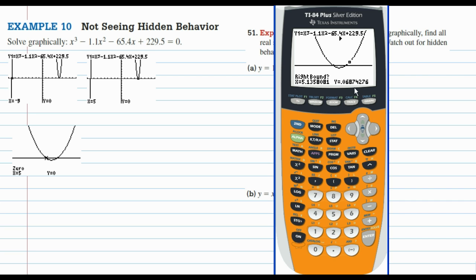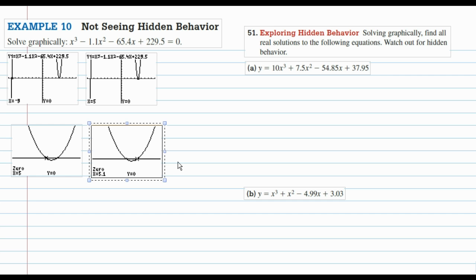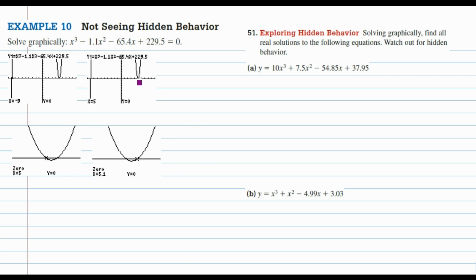This time above the x-axis. It needs you to be below and then above the x-axis. And then I'm going to go right on top of it and guess. 5.1 is the other 0. So if I hadn't zoomed in, I would not have known that there are 2 different zeros there.